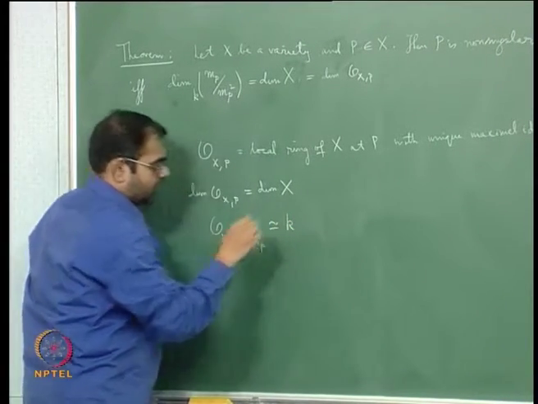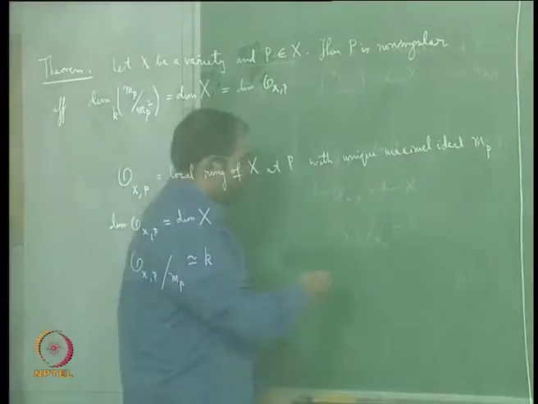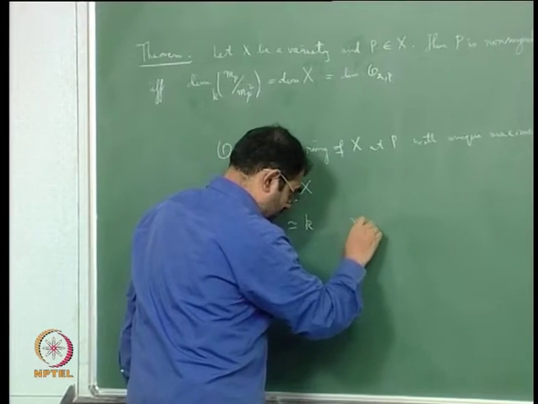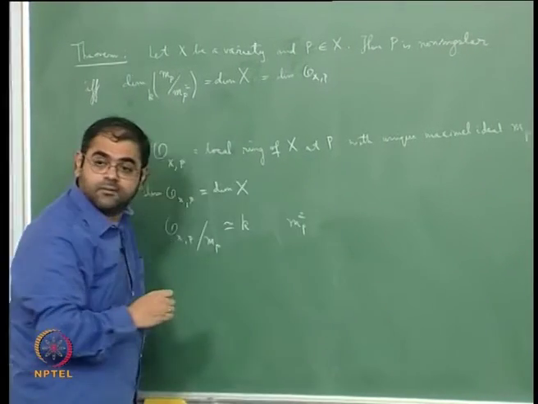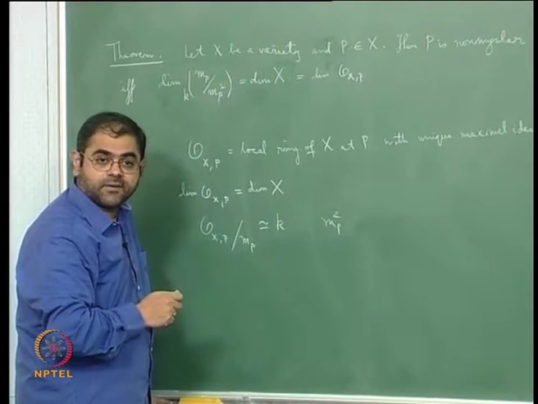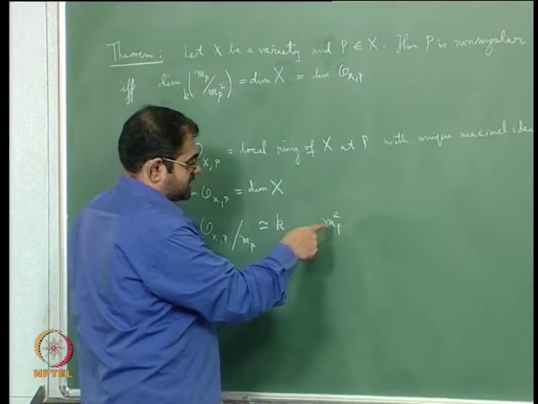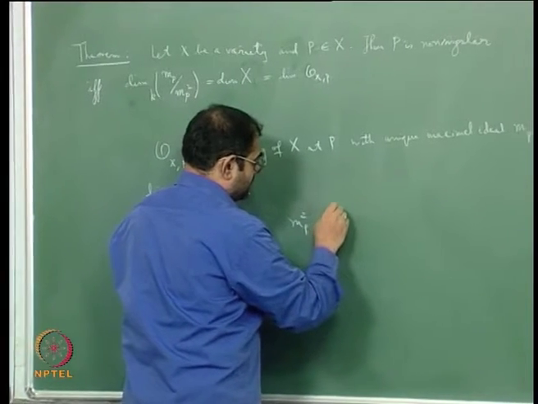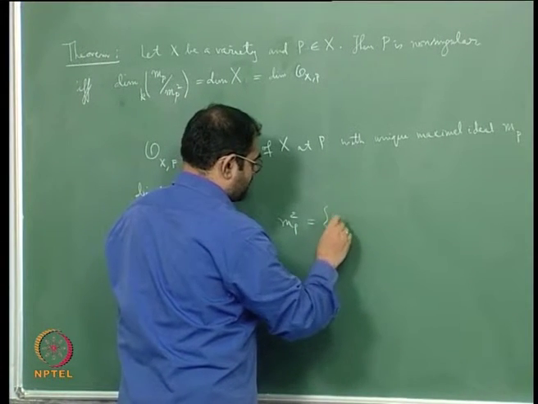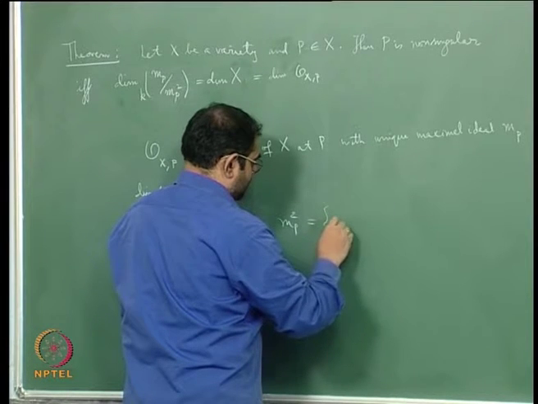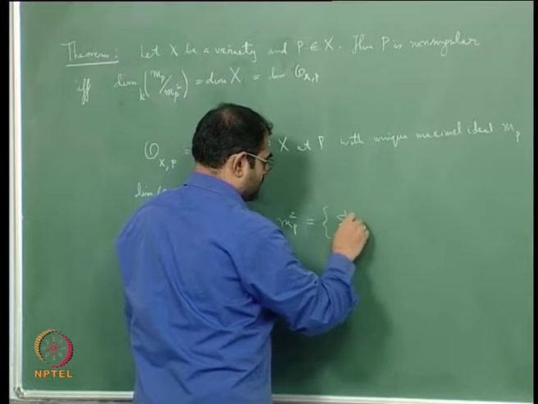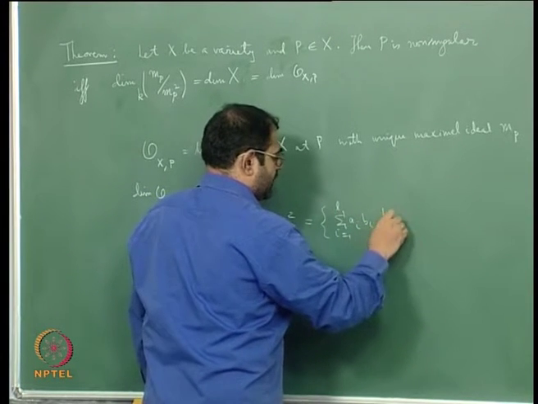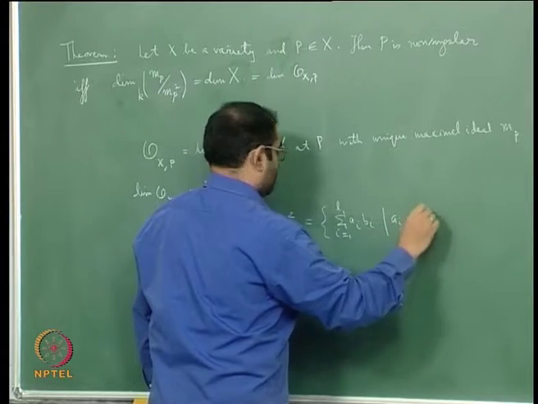So what I want you to understand is the local ring modulo the maximal ideal will give you just k. And what you must understand is that if you look at MP squared, this is the square of the ideal MP. So this consists of elements of the form sigma ai bi, i equal to 1 to some L, where ai and bi are in the maximal ideal.